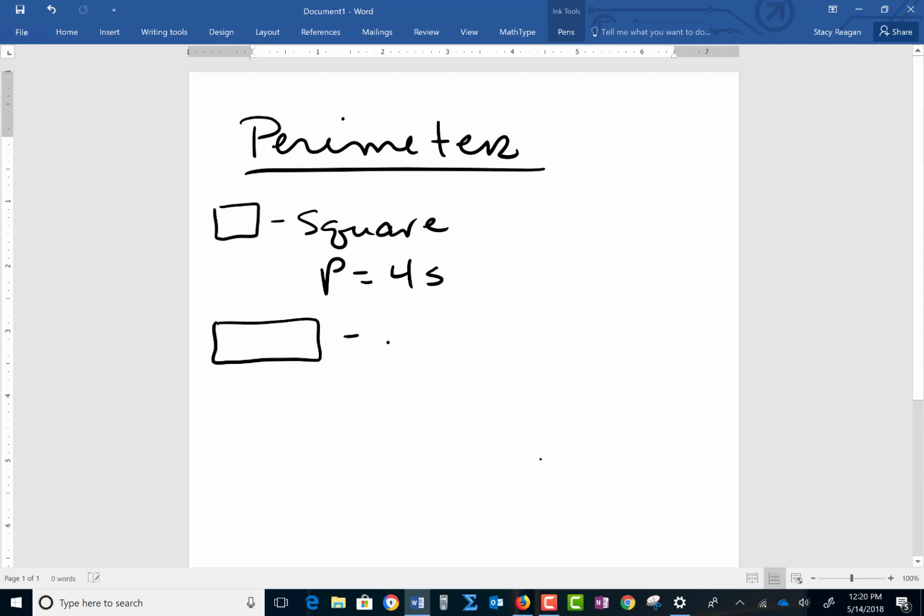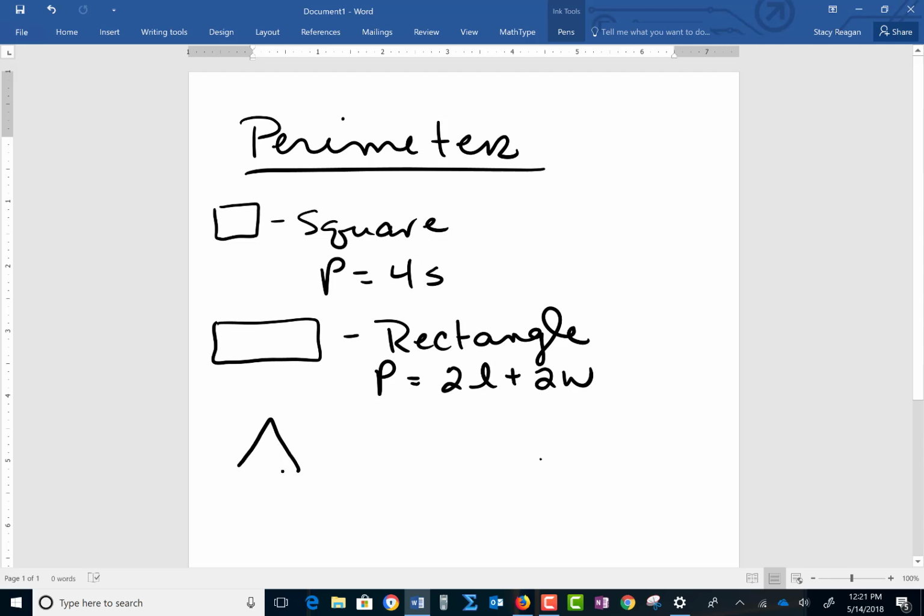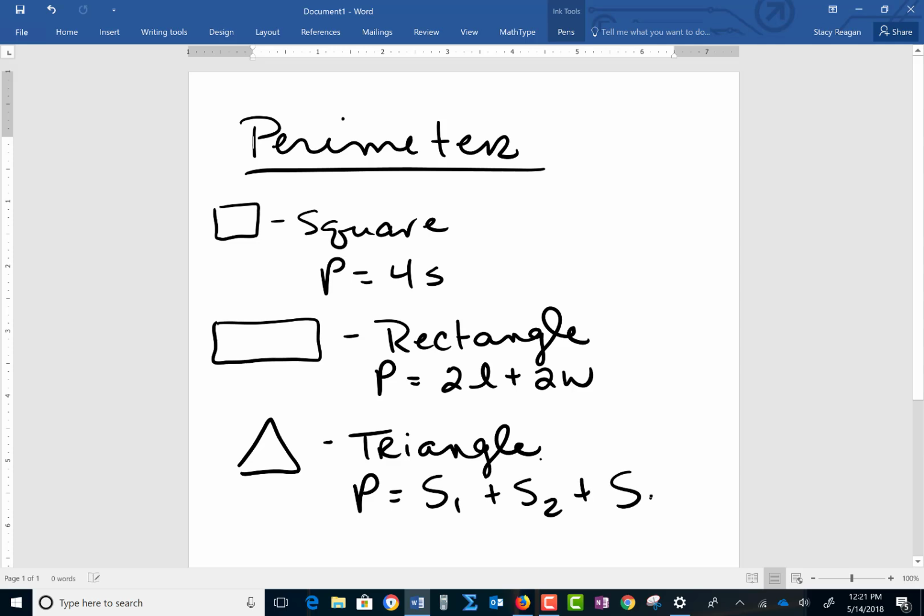Here's the rectangle. And then here's your triangle. So P equals S1 plus S2 plus S3. Those sides don't necessarily have to be the same, so that's why your formula is not 3 times S.